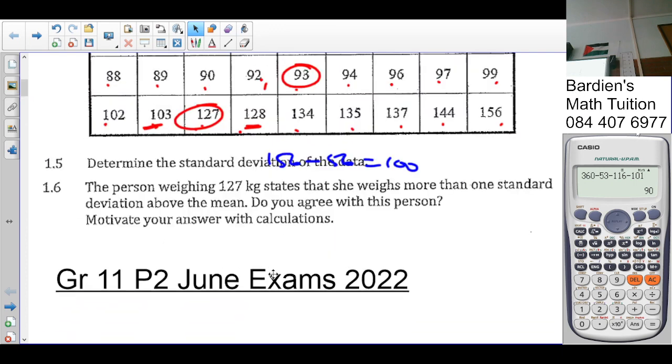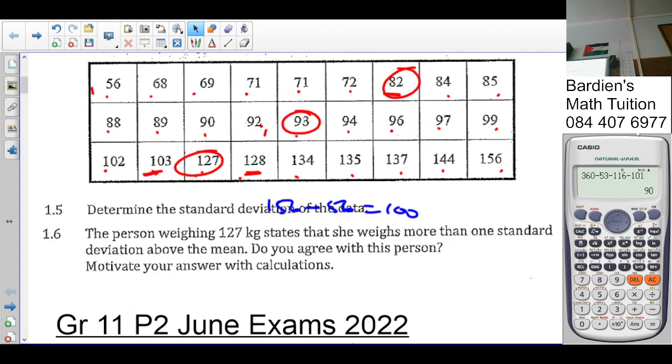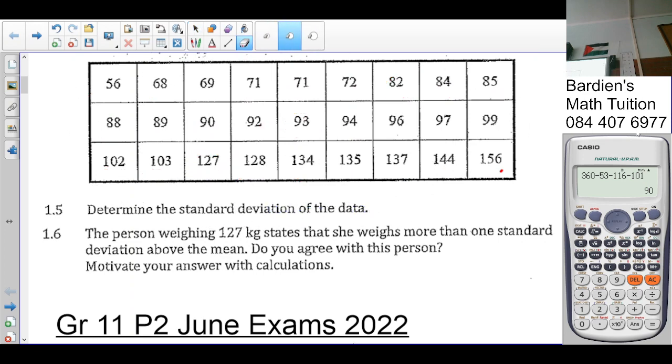The question says, in 1.5, determine the standard deviation of the data.